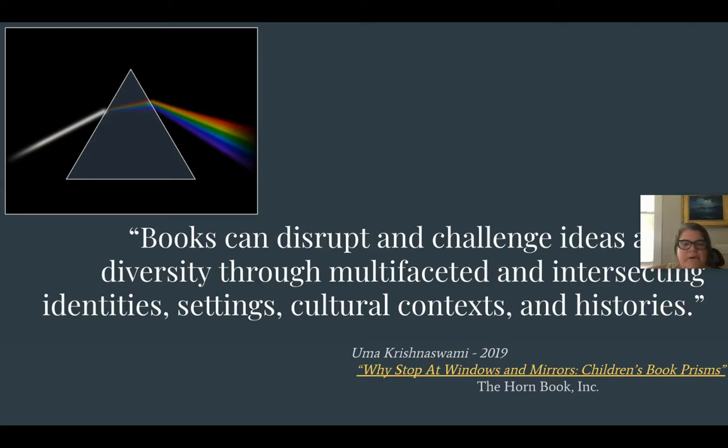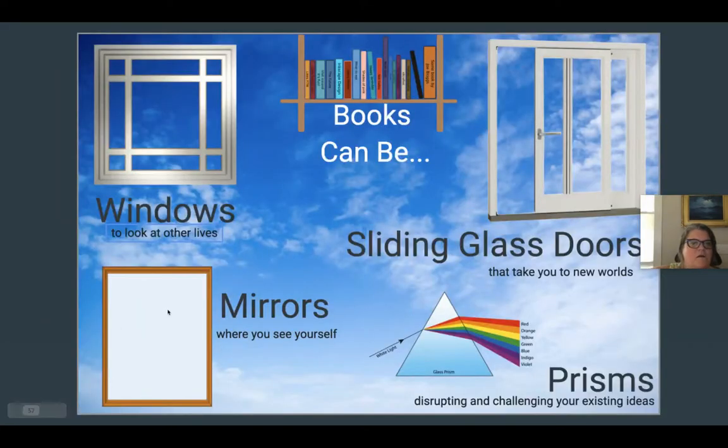And this idea that books can disrupt and challenge ideas about diversity through multifaceted and intersecting identities, settings, cultural contexts, and histories. So as our year proceeds, we are talking about books as exactly that: windows, mirrors, sliding glass doors, and as prisms to disrupt and challenge your existing ideas. And the idea of racism and race is centered.